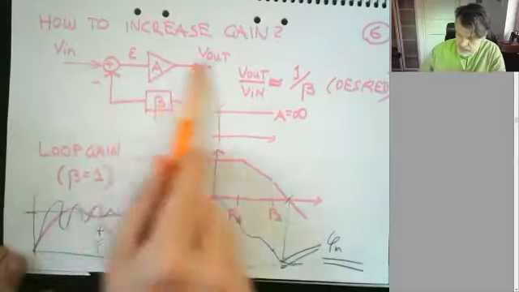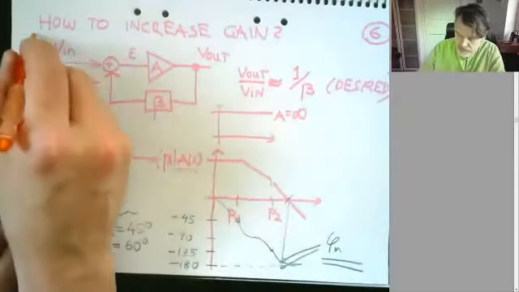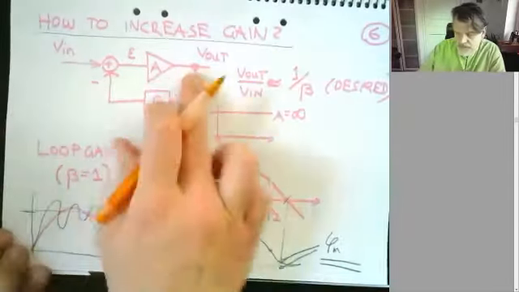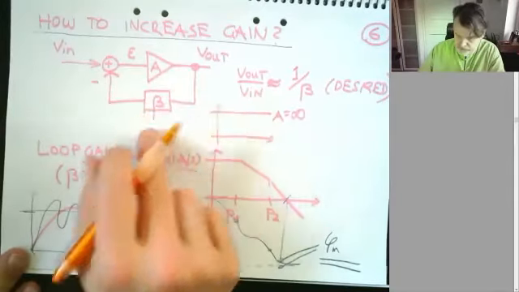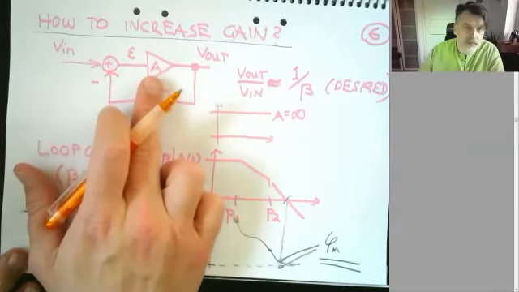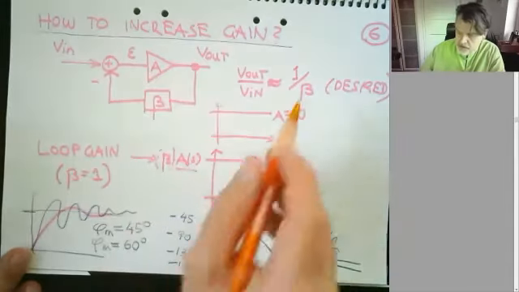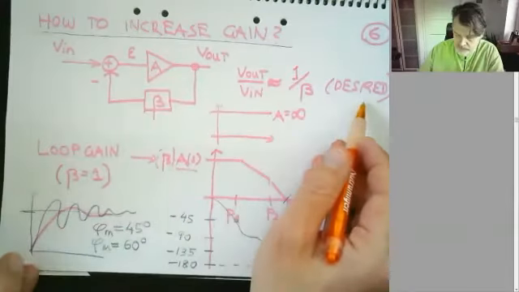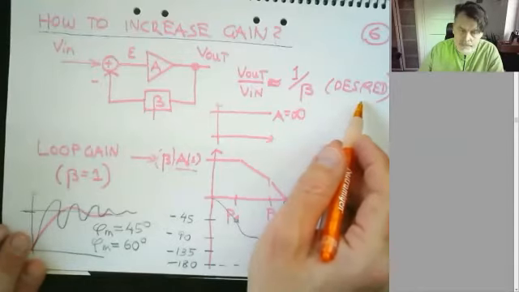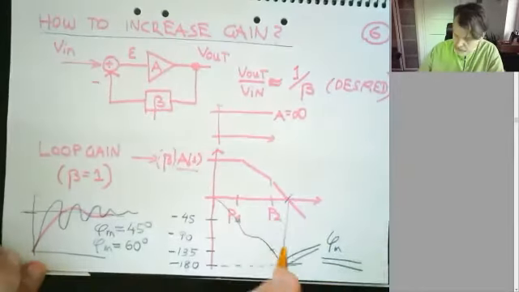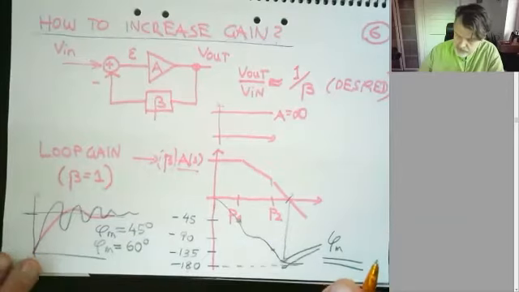So from this feedback background, it is obvious that we have to increase the gain of our device in order to get a desired function. Revise your control theory books otherwise.